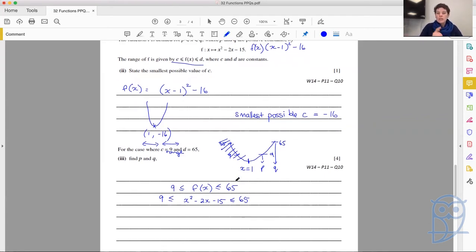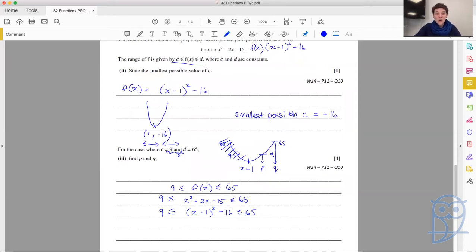We also know that at the beginning of this question, they asked us to put this function into completed square format. Now, there must have been a reason. If we put this into completed square format, (x minus 1) all squared minus 16 less than or equal to 65. Now we've only got one x to deal with.